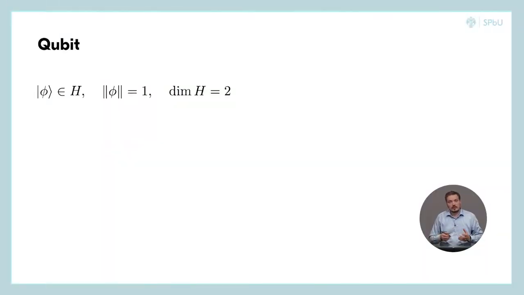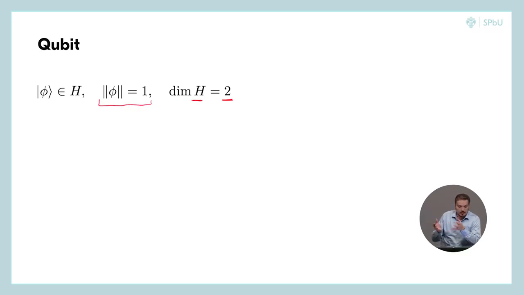Now it's time to give a strict mathematical definition of the term qubit. A qubit is a unit vector in a two-dimensional Hilbert space. So here H is some Hilbert space, the number of dimensions is 2, the length of vector phi in it is 1, so phi is a qubit.